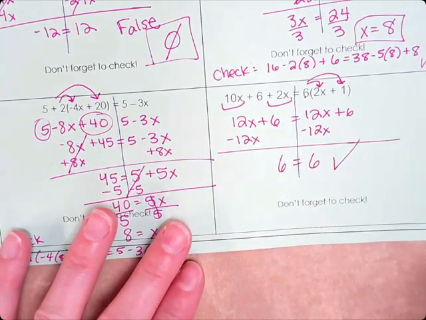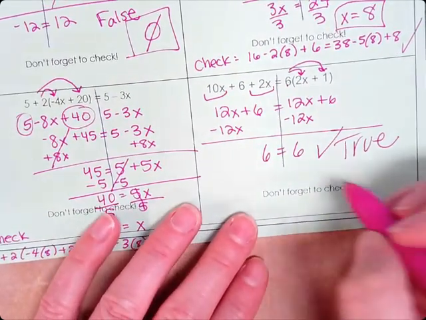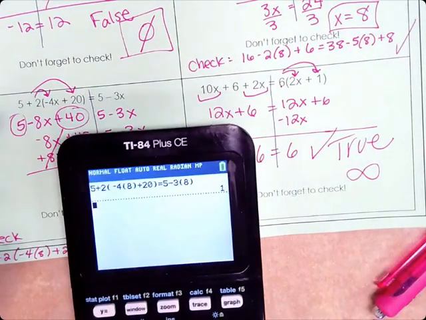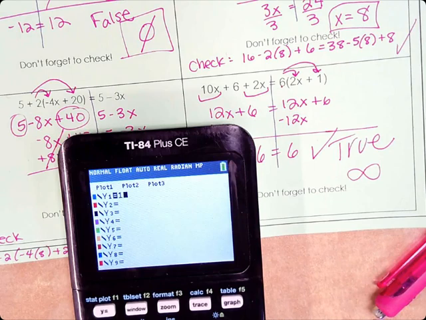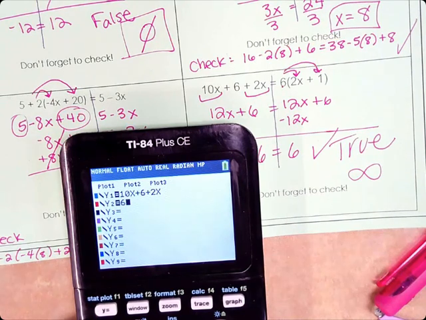That's true. So what does that mean my answer is? It is infinite. And we can check it by plugging into y1 and y2. Whenever it's infinite solutions, it's the exact same line.